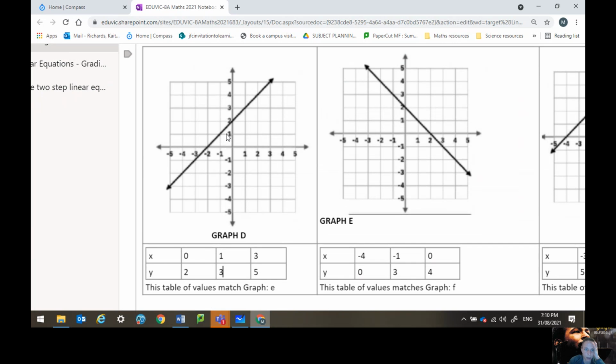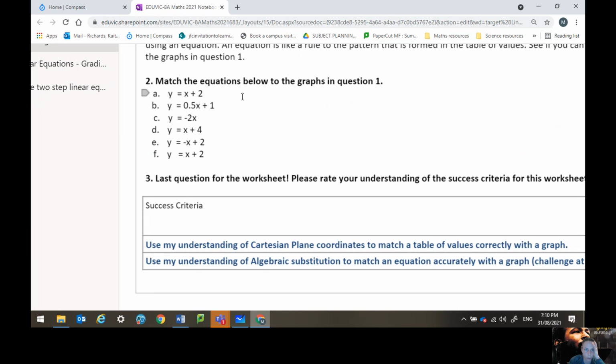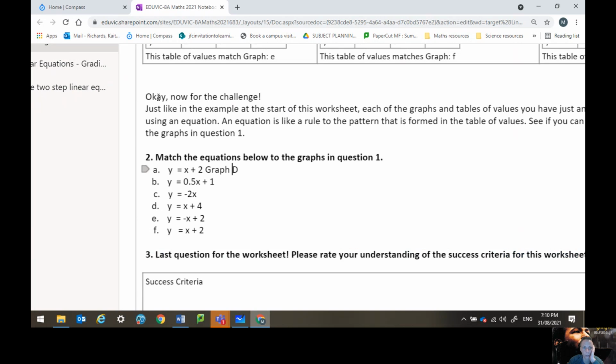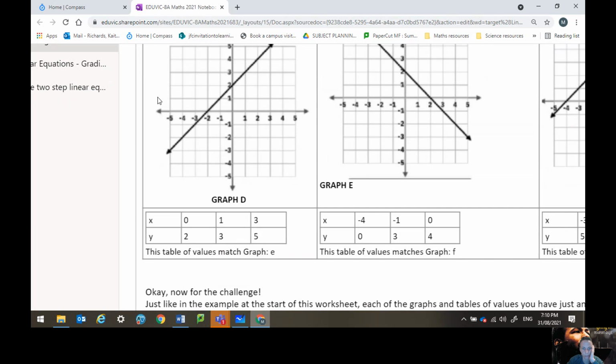Right, so I'm sensing that graph D here and the first equation in question 2 will be a match. So you can just write D or graph D to answer these questions. Alrighty, so that's how you're going to use substitution to match the equations to the graphs.